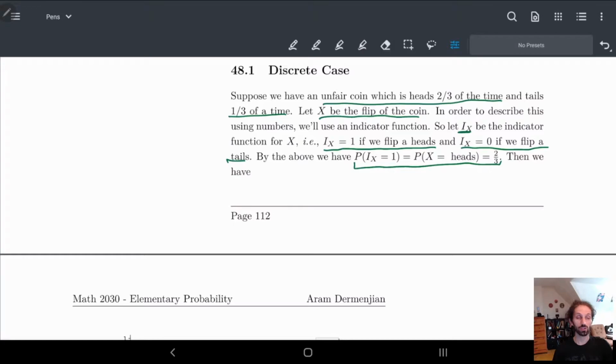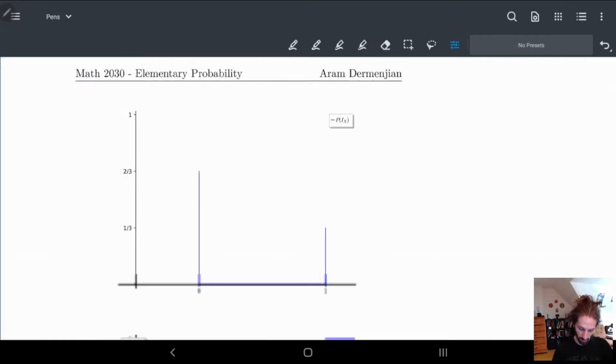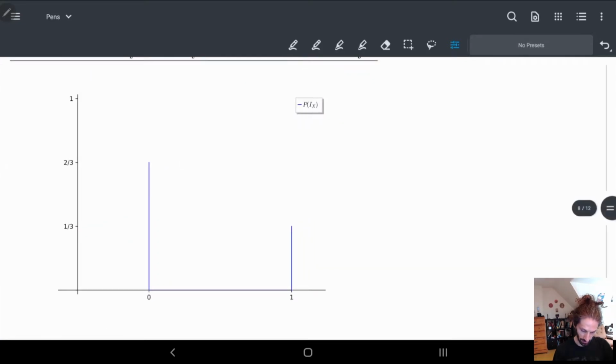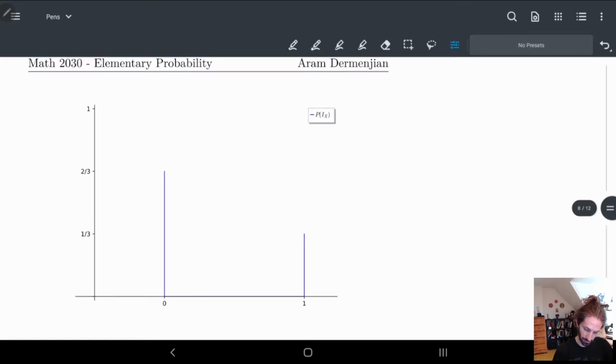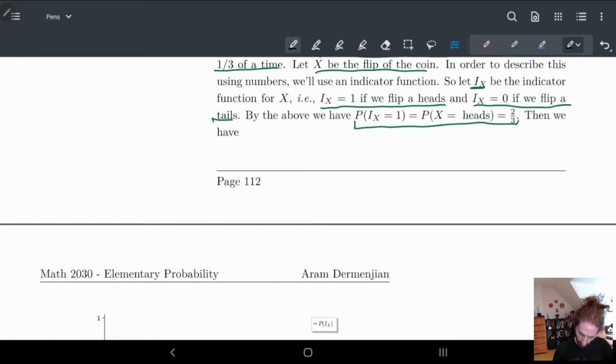Now, how do we draw the probability for this? Generally the way we're going to draw this probability is like this. So this is for I sub X. I think I did my graphs wrong.